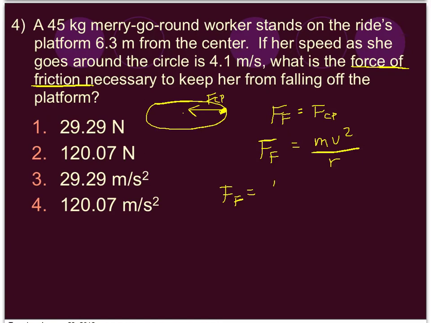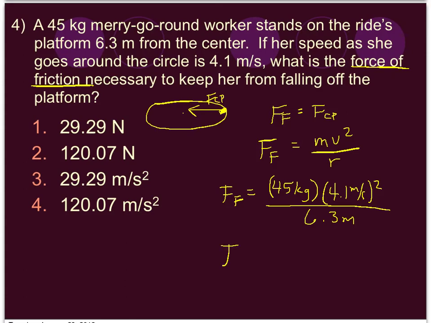So our mass of this worker is 45 kilograms. Make sure when you're solving these problems that mass is always in kilograms. The velocity is 4.1 meters per second, and again, square that, divided by a radius of 6.3 meters.